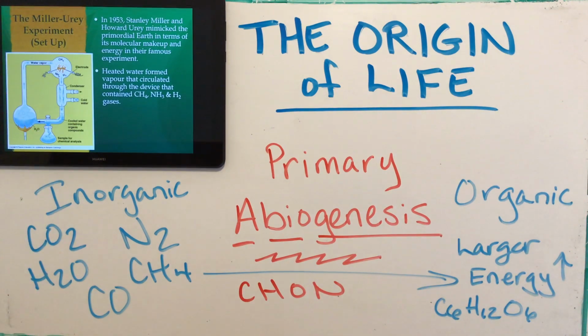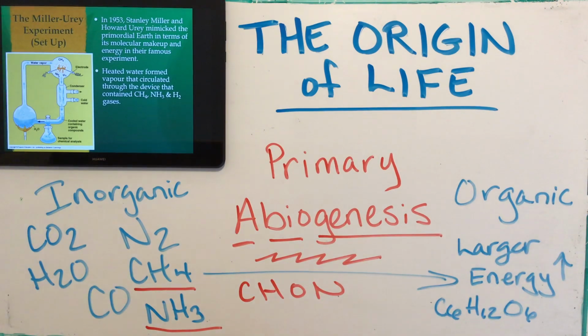Now, in that bulb, they had methane, so CH4. They had ammonia, another one of the gases. I forgot to write ammonia in here, but ammonia would have been present in the primordial earth, another small inorganic molecule. And they had hydrogen gas, another gas that would have been present.